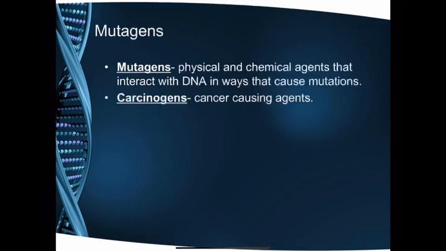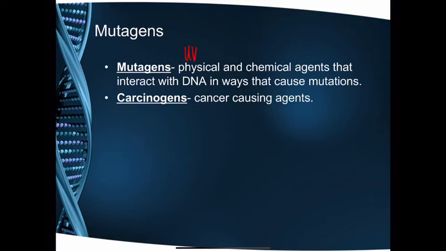So the last thing here, mutagens and carcinogens. There are several agents that interact with DNA and cause mutations, and those things are called mutagens. For example, UV light. We talked about in a previous lesson quite a while ago that UV light can sometimes cause thymine dimers, causing the thymines that are side by side to pair together and buckle, and that changes the structure of the DNA molecule.